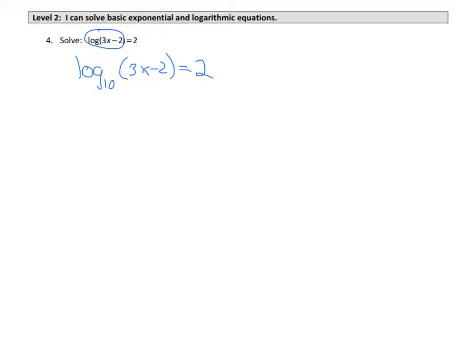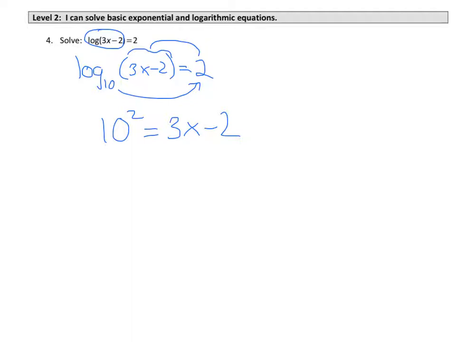And to change it to exponential form, I start with the base, which is 10. I raise that to the second power, that's my exponent, and then I set that equal to this whole expression, 3x minus 2.